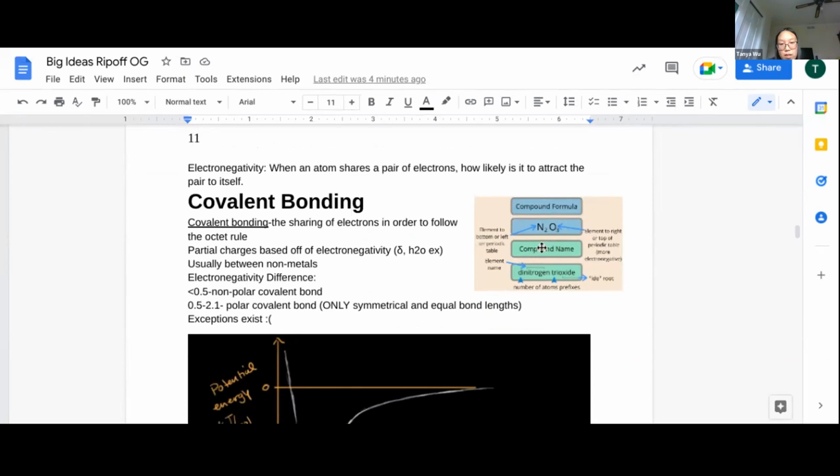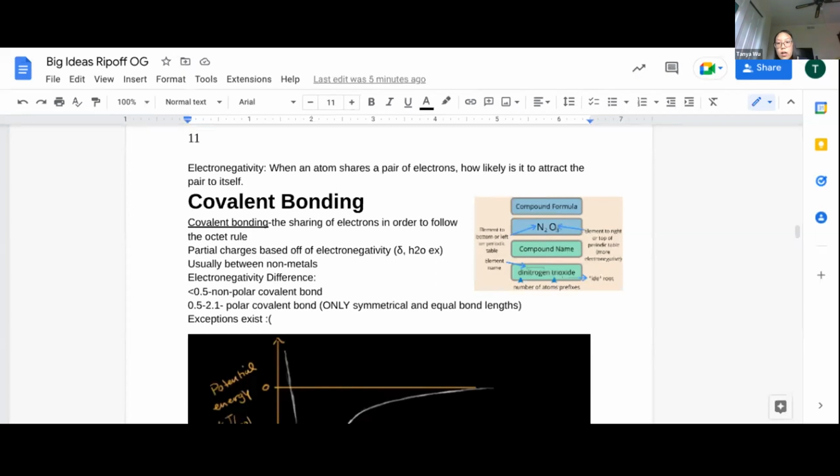Okay, so more stuff about covalent bonding since we still have a lot more time. You might have to name compounds in future classes that you take. I know we have naming quizzes at my school. So first, you take the element that's on the bottom or the left side of the periodic table, and that's the first one.